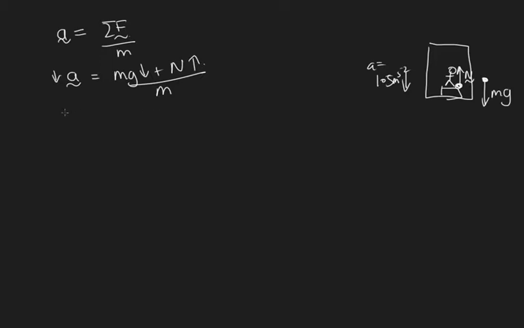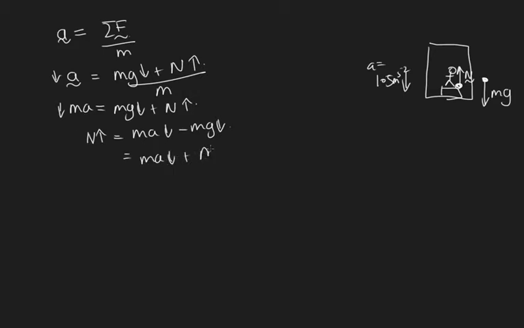So once again, we've got downwards ma is equal to mg downwards plus the normal force upwards, and we're trying to find this normal force, which is equal to ma downwards minus mg downwards. So that is equal to ma downwards plus mg upwards. And so we've got 80 for the mass.